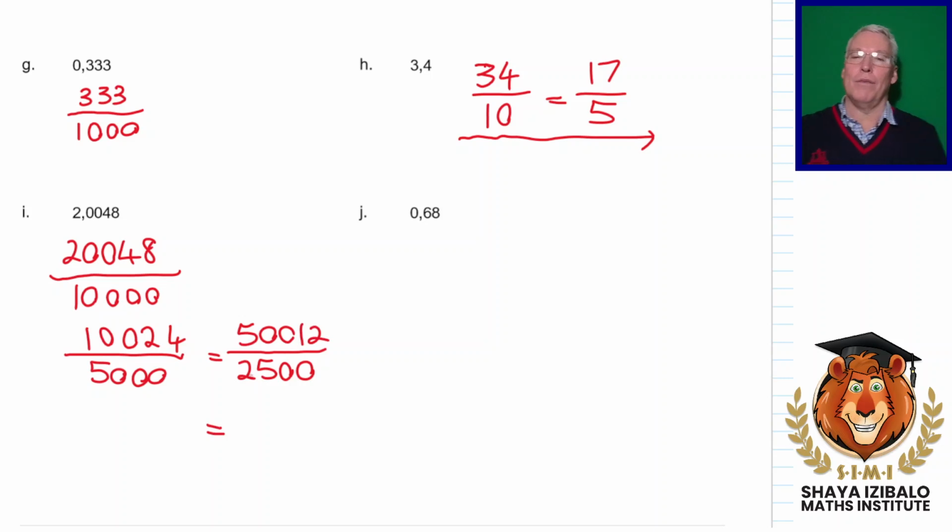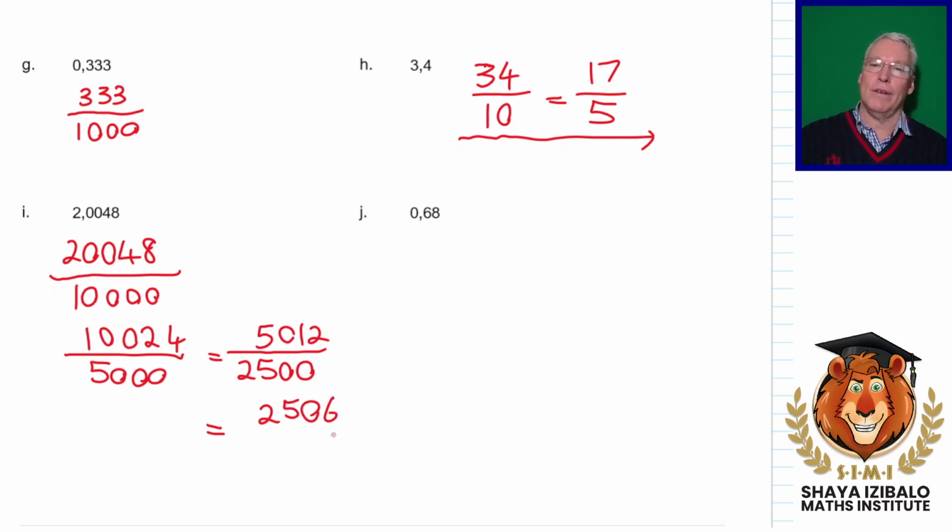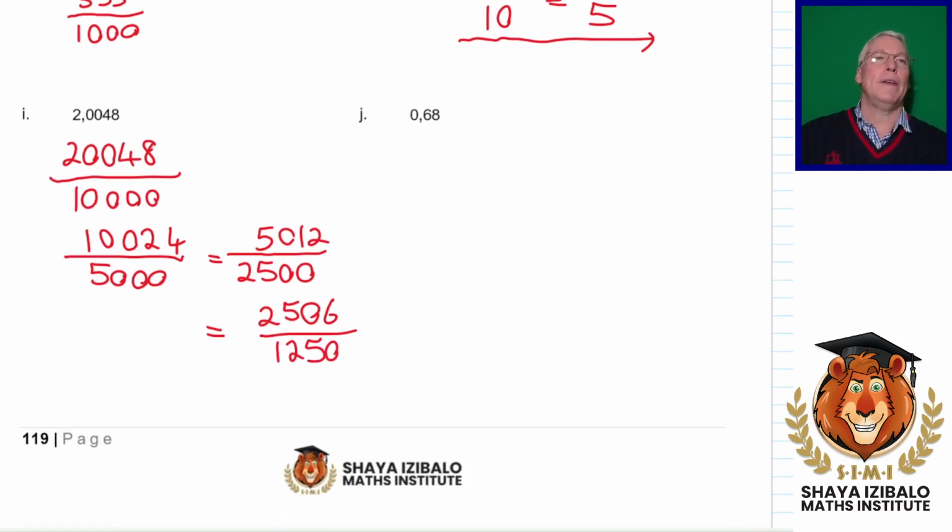That can halve again. Sorry, that's going to be 5,012. We've got an extra 0 in here. Half of 5,000 is 2,500, and half of 2,500 is 1,250. These are still both even, and so we can go on.